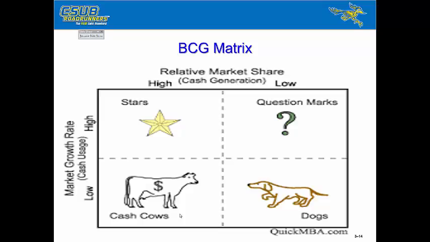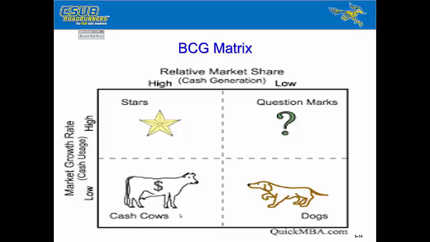So if you have a low amount of the market and the market is not growing, that means you basically have a business that sucks. You're not making very much money, and you don't have any leverage and power. So they classify that as a dog.